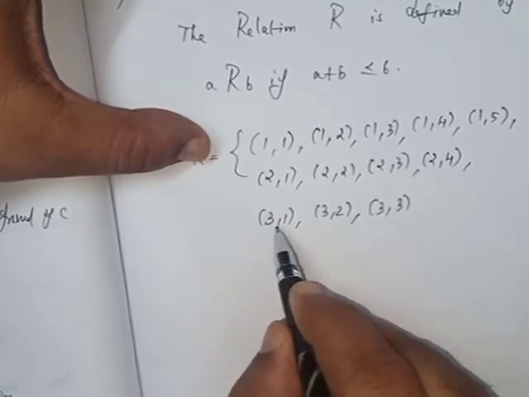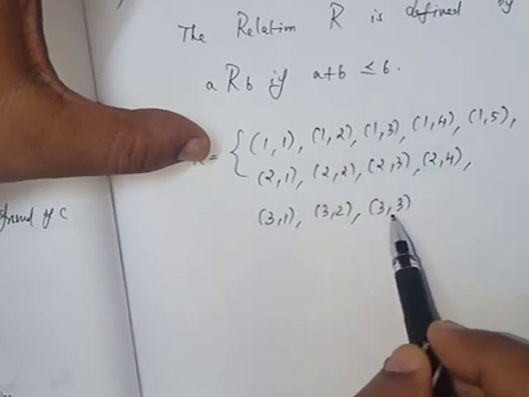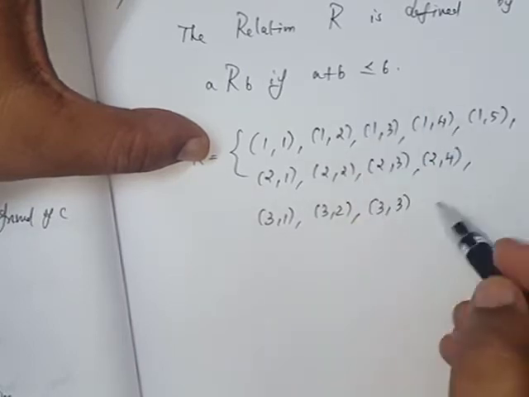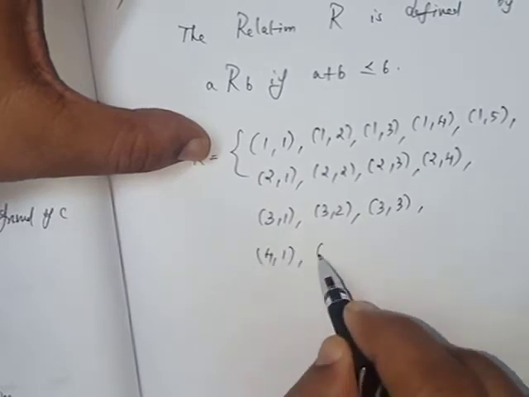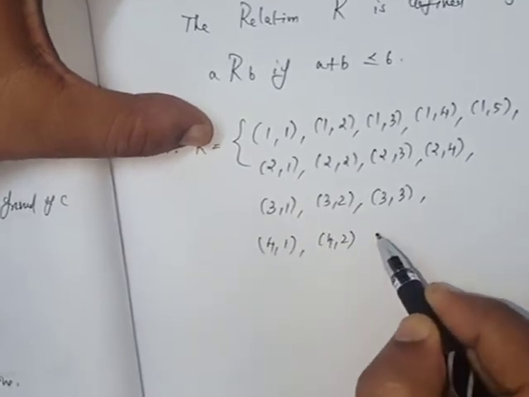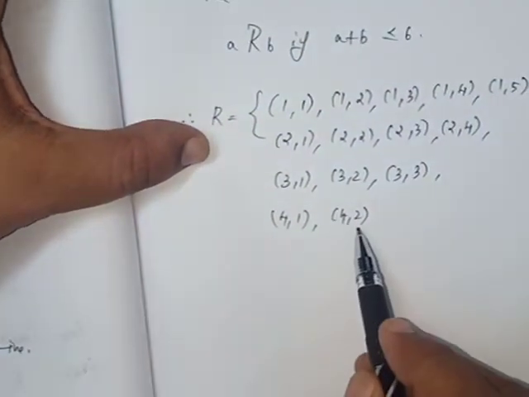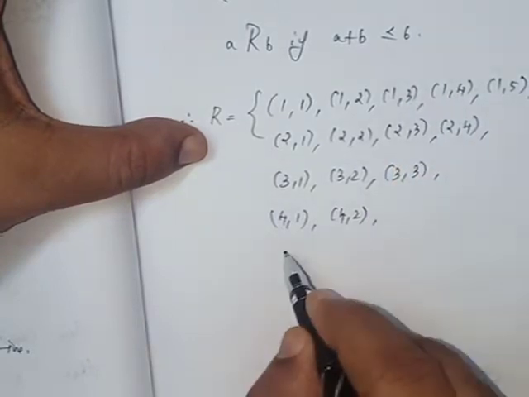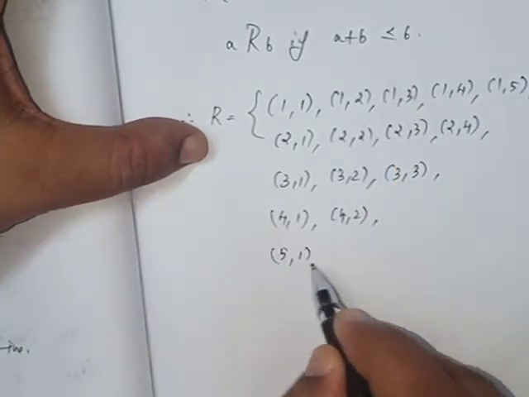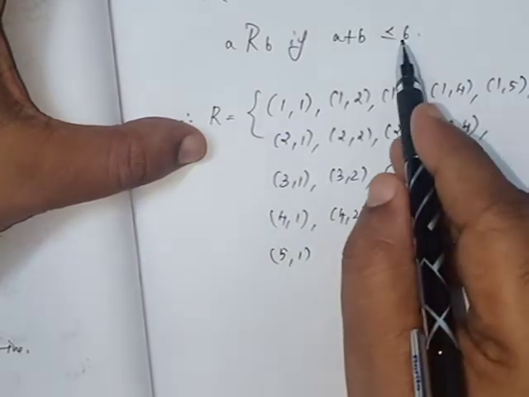That's all. 3 plus 1 is 4, 3 plus 2 is 5, 3 plus 3 is equal to 6. After that you can go for 4: 4 comma 1, 4 comma 2. 4 plus 1 is 5, 4 plus 2 is 6. Then you can go for 5: 5 comma 1, 5 plus 1 is equal to 6.